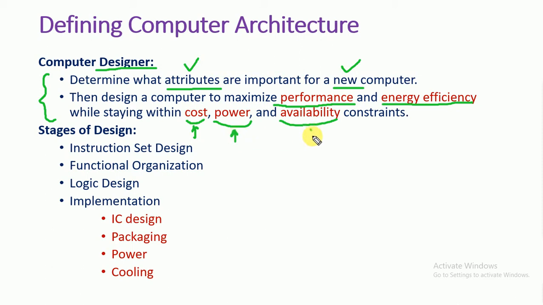Similarly, availability means all the device and memory availability, primary memory, secondary memory, all of which must be satisfied by the newly designed system. So the designer needs to consider all these factors when designing a new system, or a new version of an existing system.